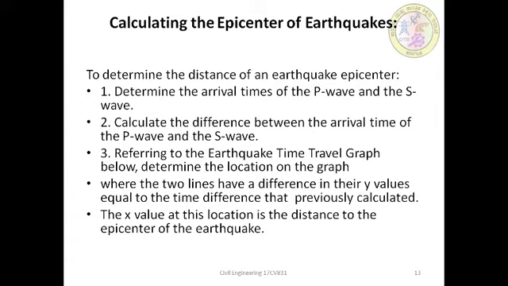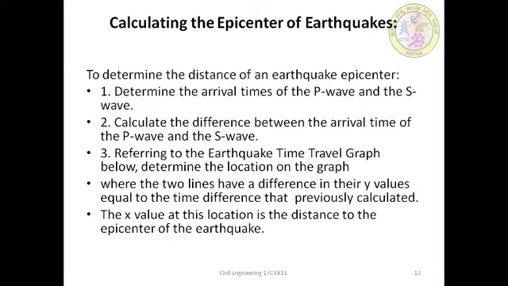To determine the distance of the earthquake epicenter, we have three steps. The first step is to determine the arrival time of the P and S waves. The second is to calculate the difference between the arrival times of the P waves and S waves. The third is to refer to the earthquake time travel graph, a readily available standard graph.